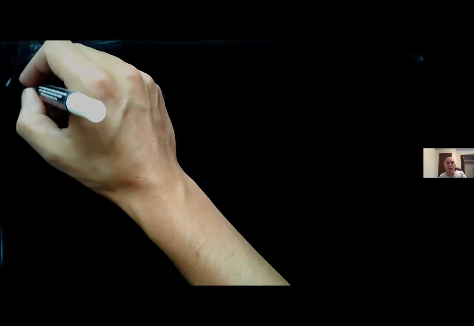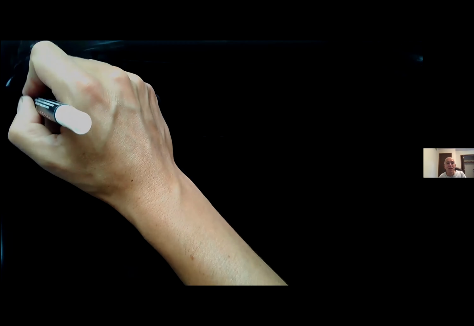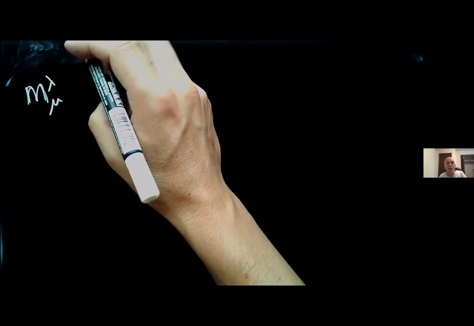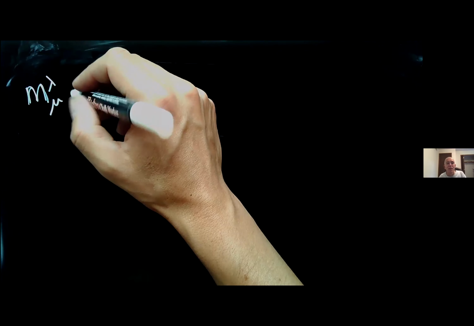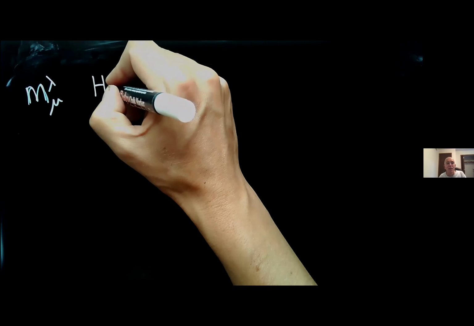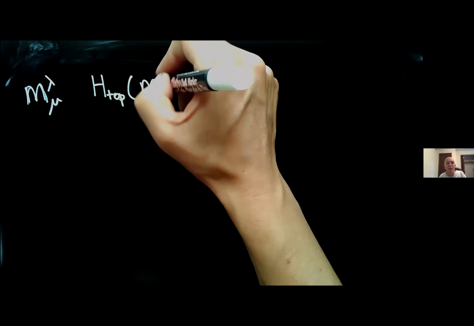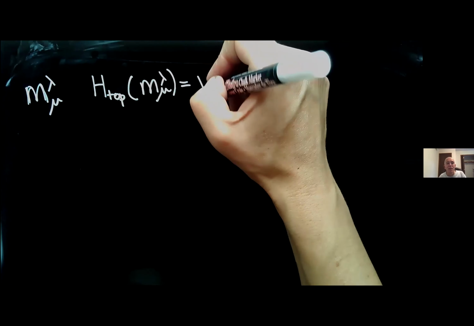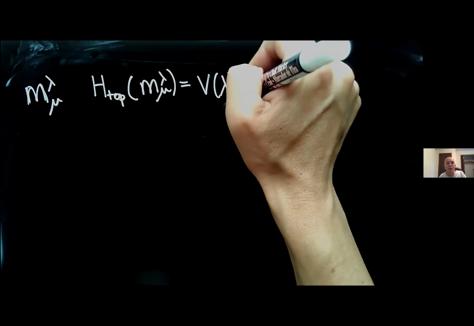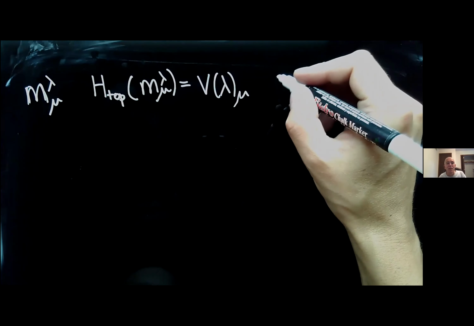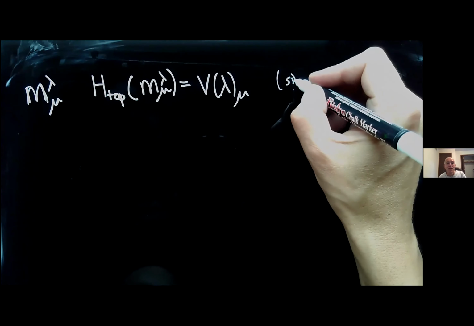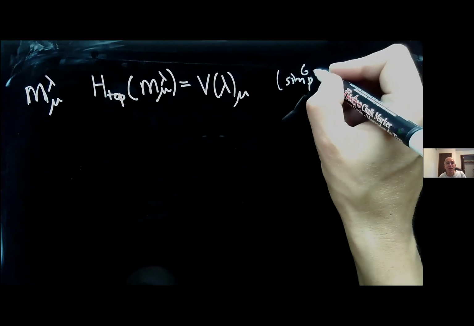So we have this quiver variety, m lambda mu, and one property that it has is that its top homology is isomorphic to that same weight space that I mentioned earlier, of the irreducible representation of G check. Again, now we're back in the simply laced case, assuming G simply laced.